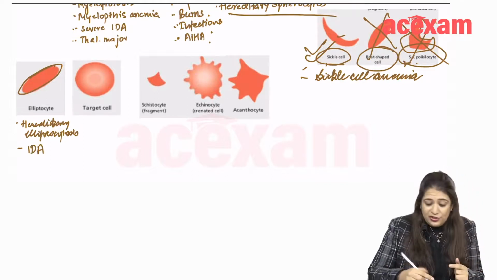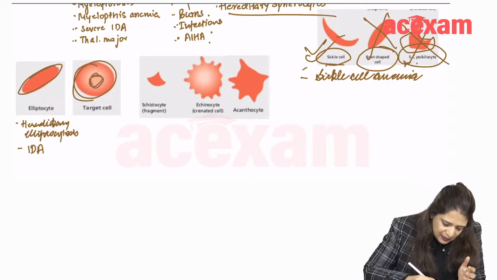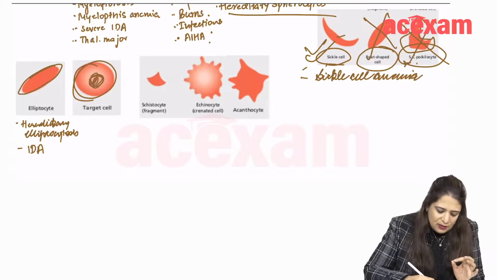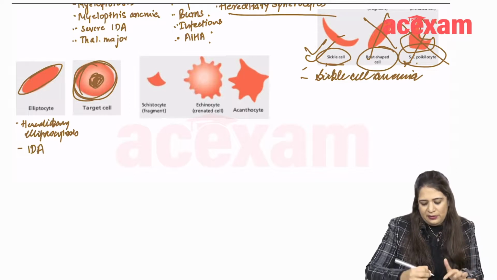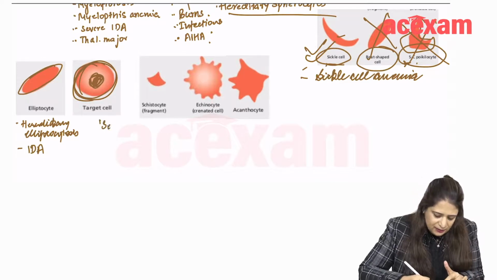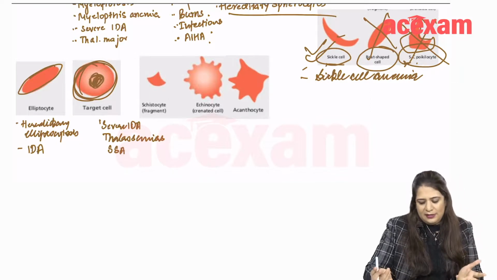Then an important question, target cells. Target cells look like a target because within the central pallor there is condensed hemoglobin as well, giving this target-like appearance. Seen in severe iron deficiency anemia, seen in thalassemias, can be seen in sickle cell anemia, hemolytic anemias as well.